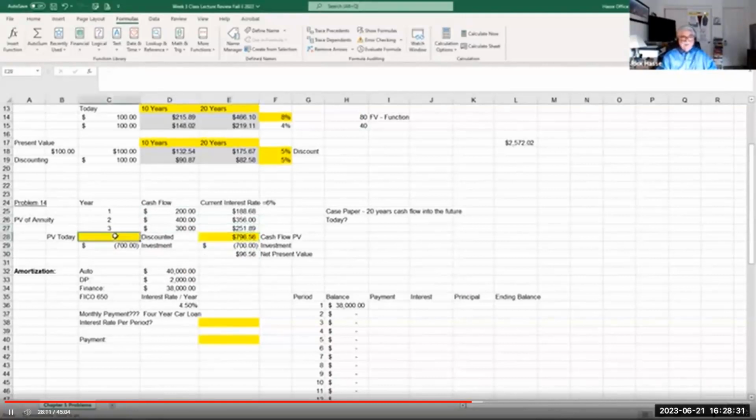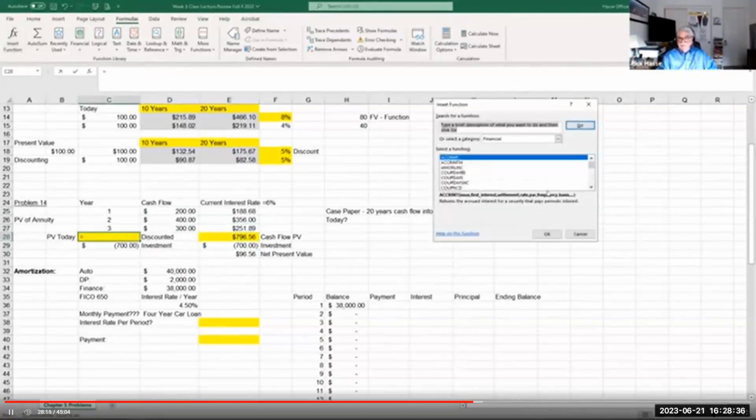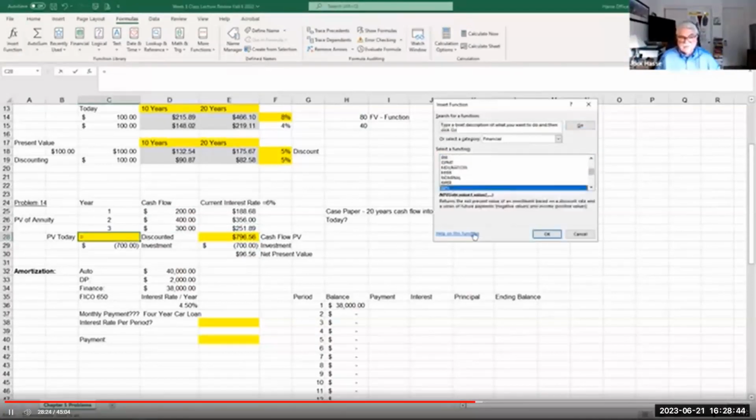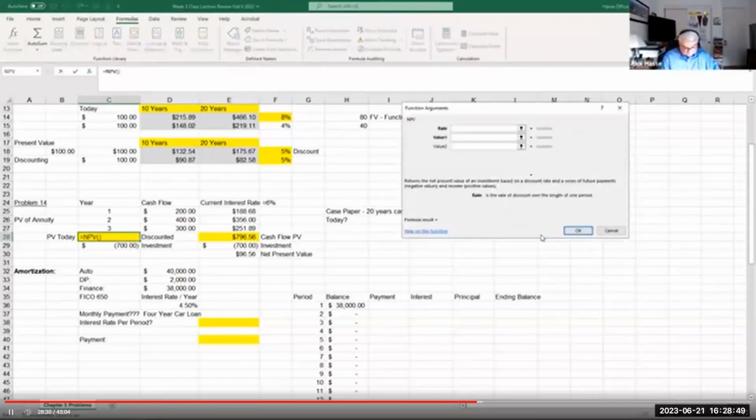It's right over here. Formula, function, and instead of looking at the financial function PV, I want to look for NPV, net present value. There it is right there, net present value. Again, the rate is 6% still, but now I'm going to lump all those values into one line. I'm now just going to go back to my chart here and select year 1, 2, and 3. And notice in the values in the formula, it puts in the cell numbers, D25 to D27.